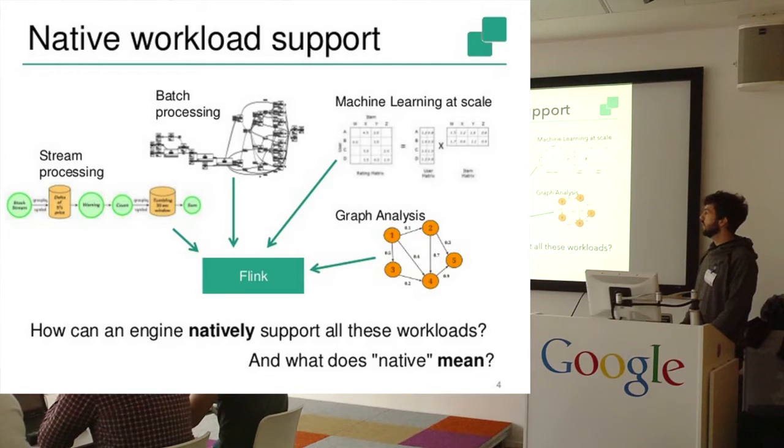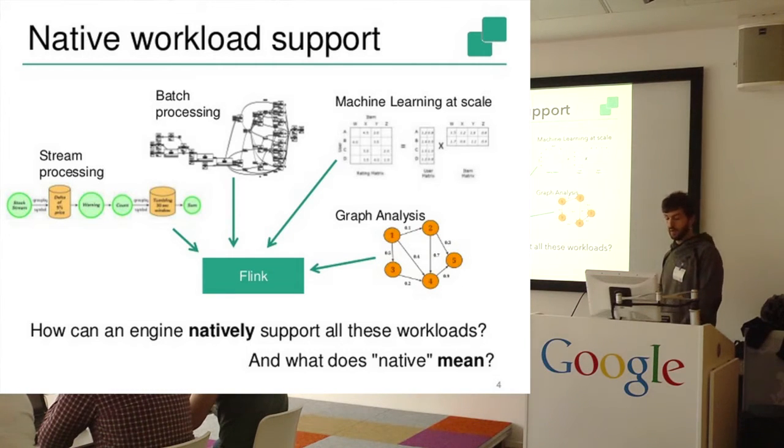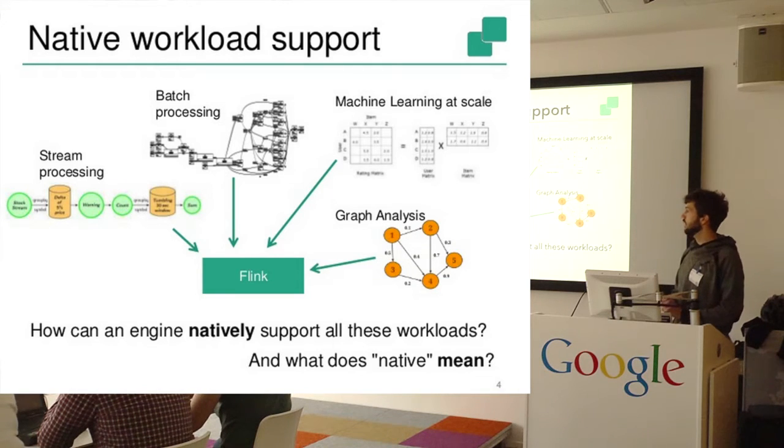To see why Flink supports all these different use cases like stream and batch processing and the libraries, we have to see how Flink can support all these applications natively, and I think that's really different compared to other existing big data software.